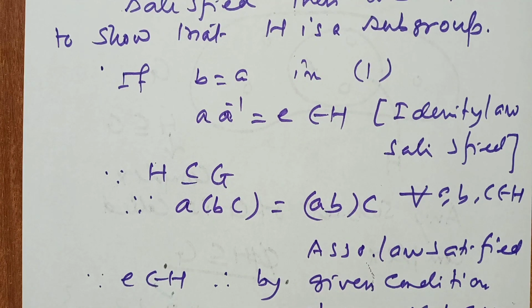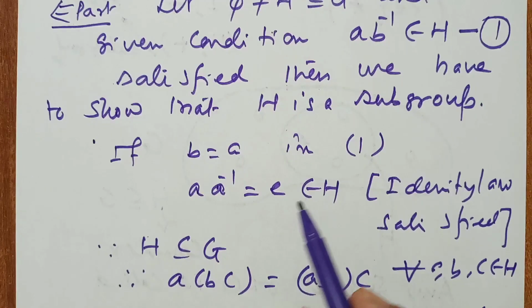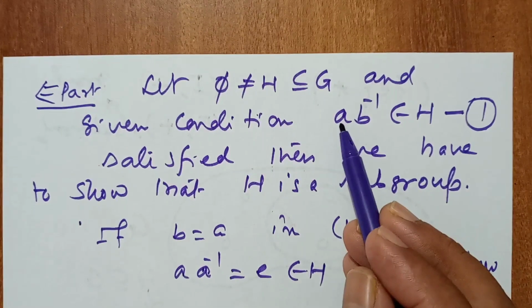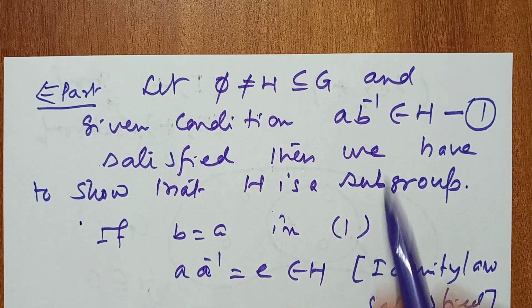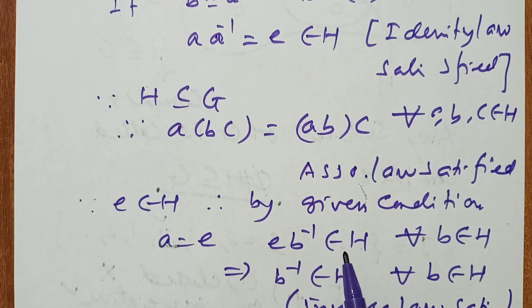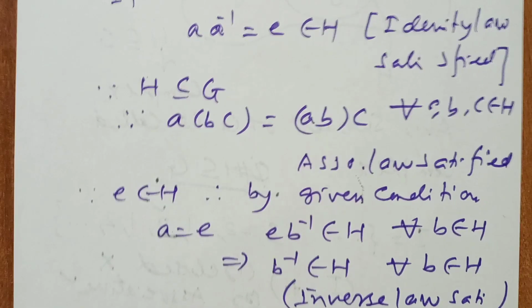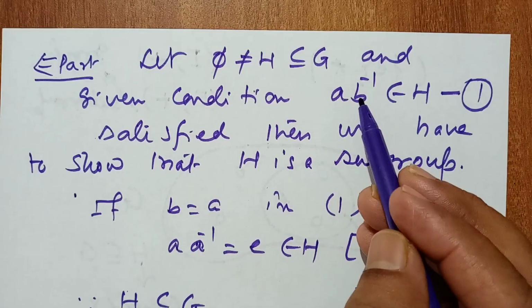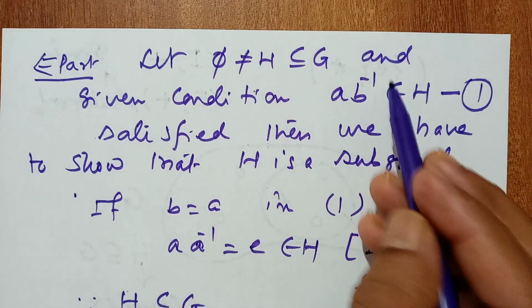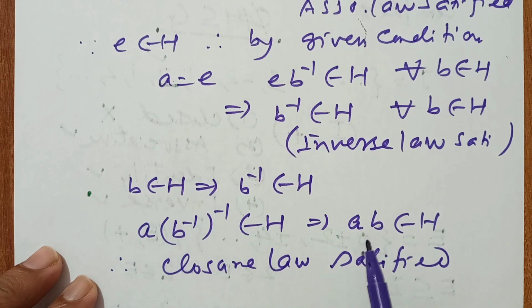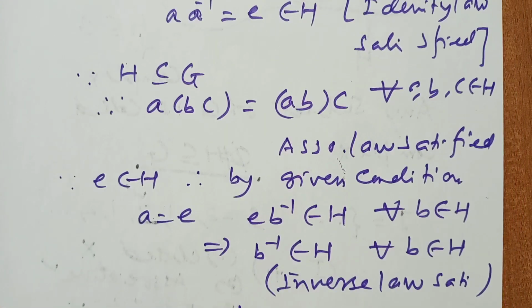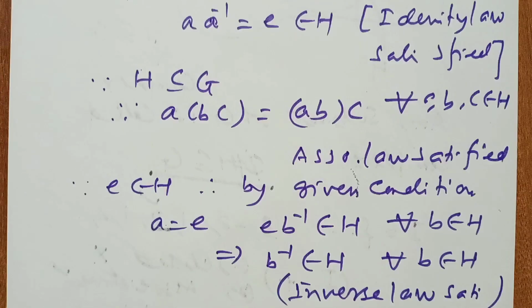Now, since the identity element exists, you put E here: E B inverse is B inverse, meaning for every B in H, B inverse is in H. So the inverse axiom is satisfied. Now we need only the closure law. So B belongs to H, B inverse belongs to H. In this place, put B equal to B inverse, meaning A (B inverse) inverse, so A B. This is closure. It means the converse part is also satisfied, and hence we prove the theorem.